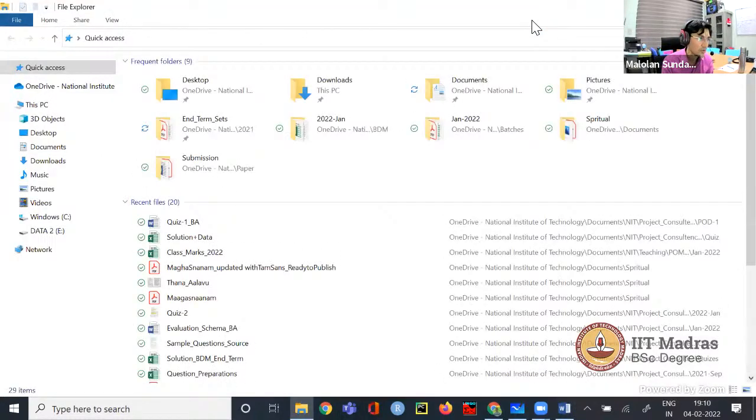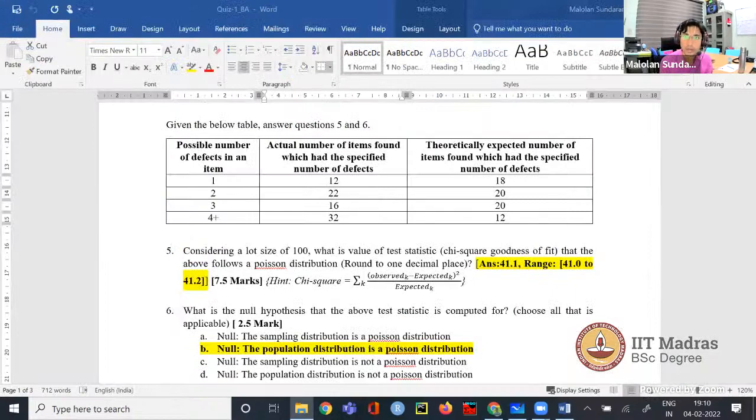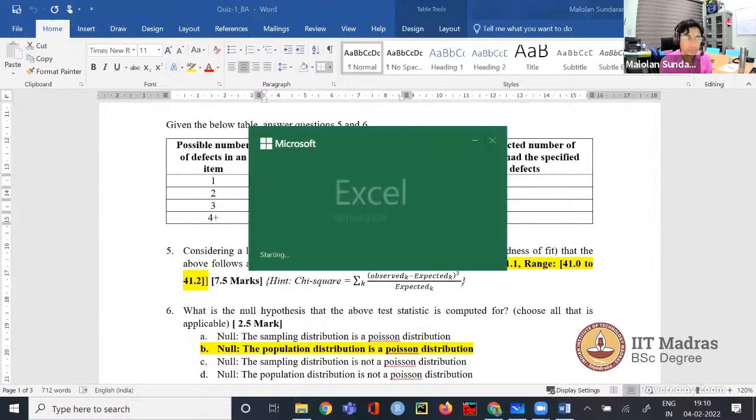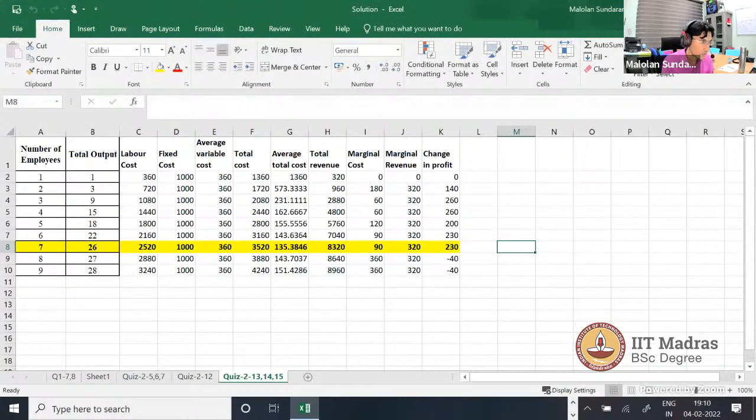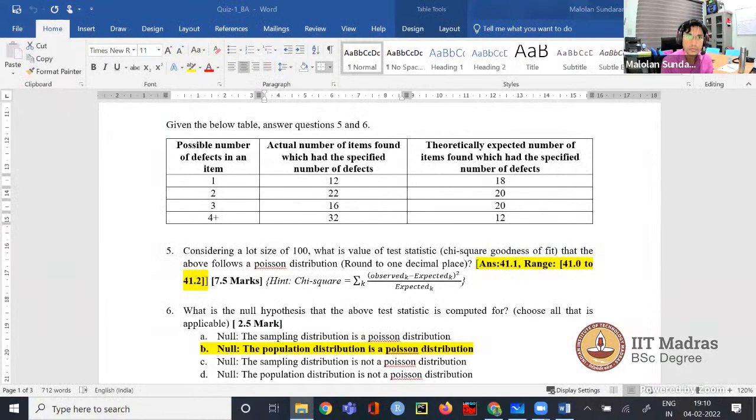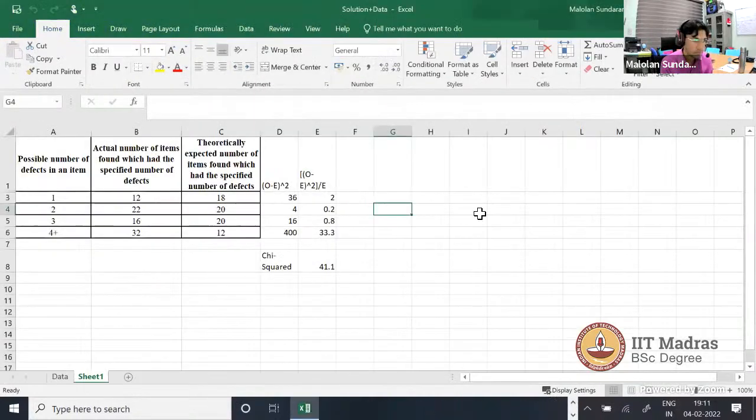Let me just open up the solution. Yeah, this is your data frame.